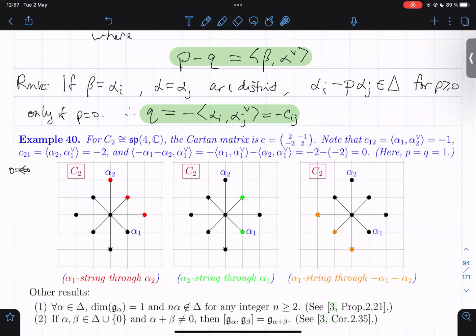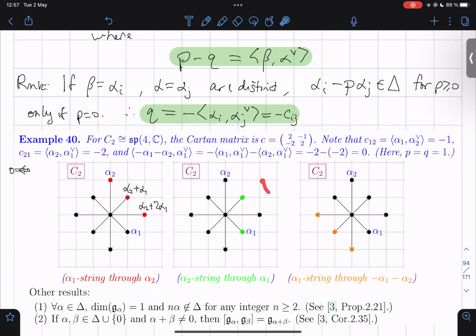So that's telling me the alpha1 string through alpha2 is of length 2. So you have this alpha2 plus alpha1, then you have this alpha2 plus 2 alpha1. So this 2 there, flipped with sign, corresponds to this entry in the Cartan matrix.